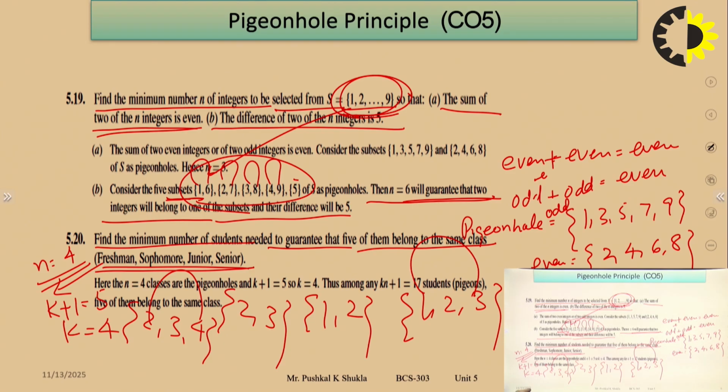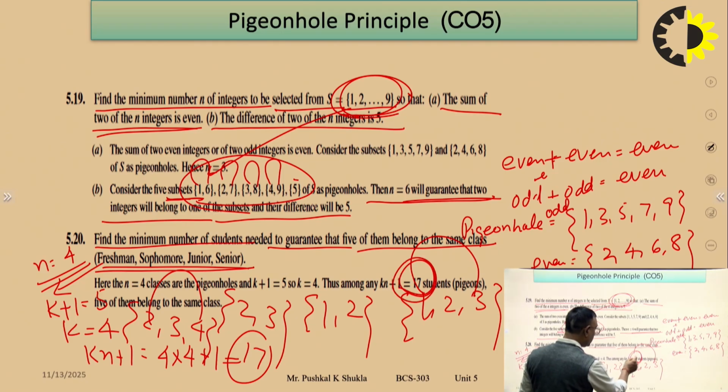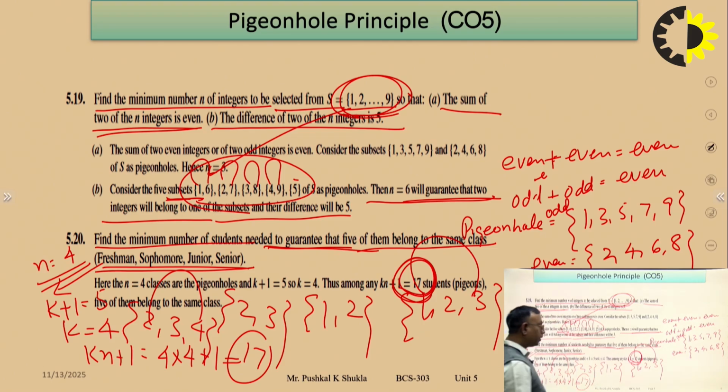Again, the total number of pigeons is kn plus 1, so 4 into 4 plus 1, that is 17. So 17 students, 17 pigeons, are needed to guarantee that 5 of them belong to the same class, like freshman, sophomore, junior and senior. So this is the use of the pigeonhole principle and the generalized pigeonhole principle.